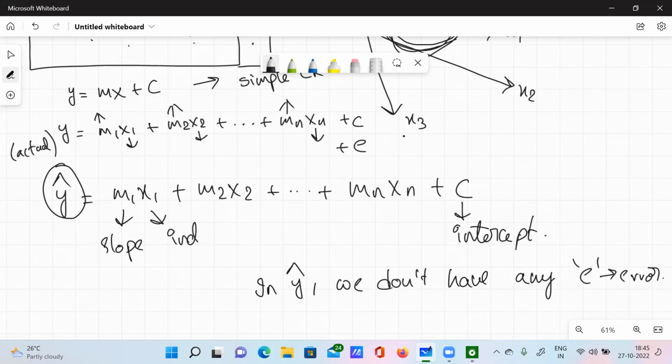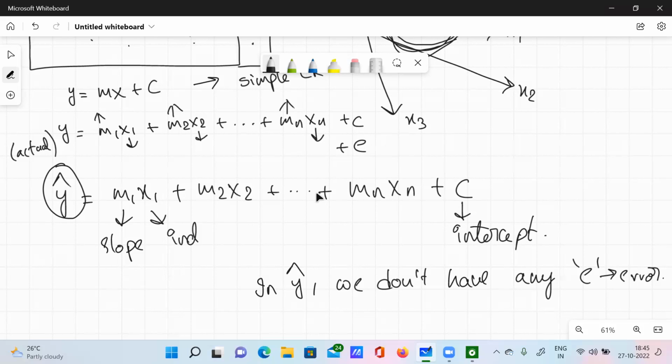We only have e in the actual thing, that is in y, which is m1 x1 plus m2 x2 plus and so on plus c. For that, we have this error term. Okay, so that's it.